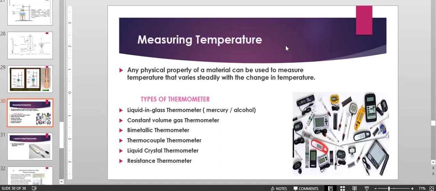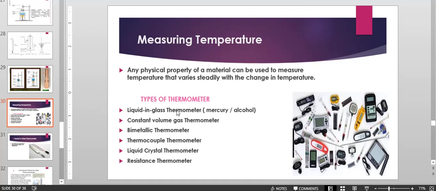As we have discussed, mercury, alcohol, glycerine, etc. can be used to measure temperature because of having different melting and different boiling points, or having different sensitivity of temperature measurement.